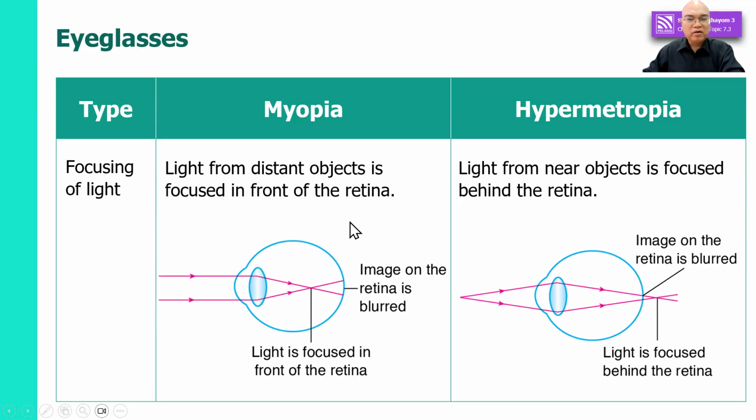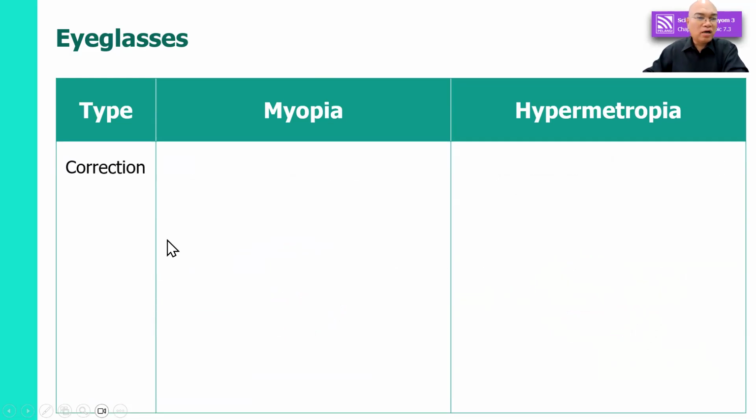With myopia, they see the distant or far image blurred, but the near image clearer. For hypermetropia, these people see the distant image clearly, but the near or close objects they see as blurred. All right. So how to correct that?